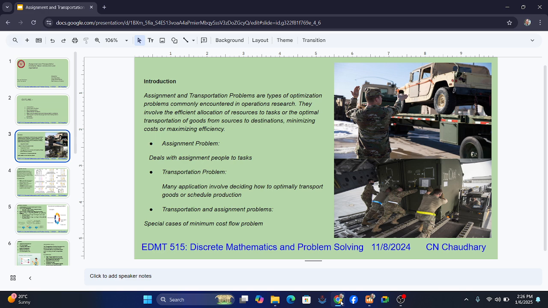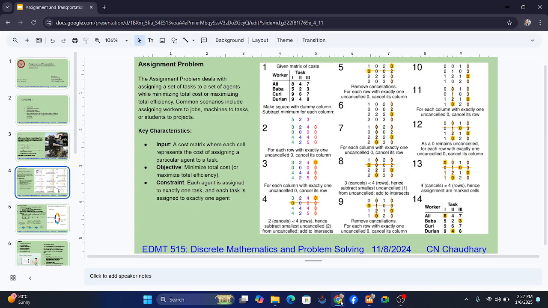Assignment problem deals with the assignment of people to tasks. Similarly, transportation problem means many applications involve deciding how to optimally transport goods or schedule production. And transportation and assignment problems are specific cases of the minimum cost flow problem.